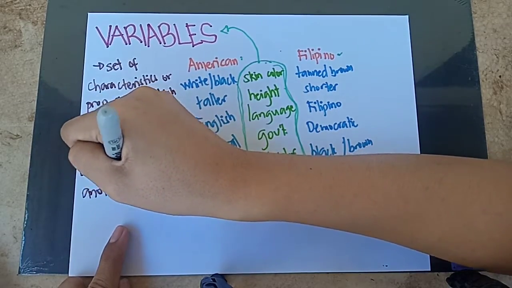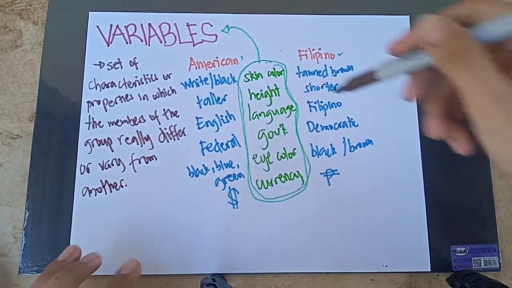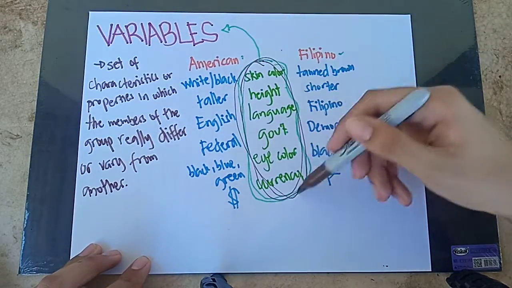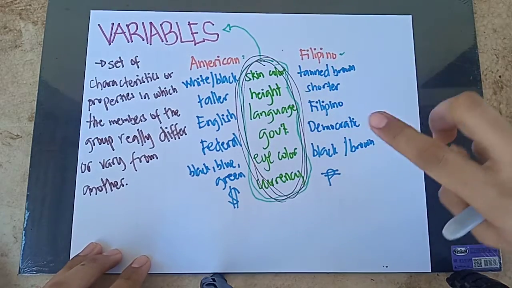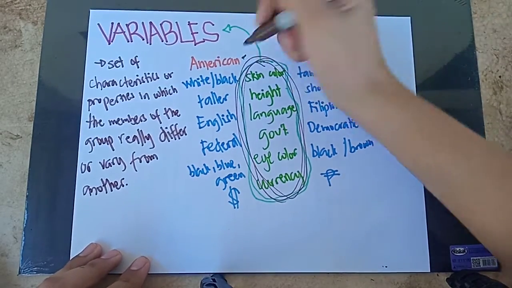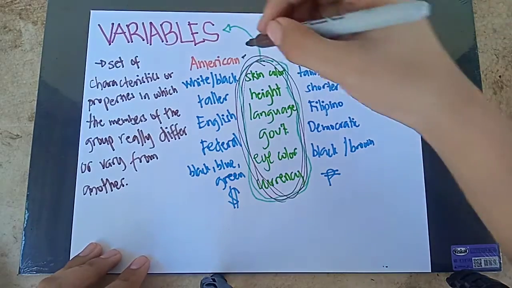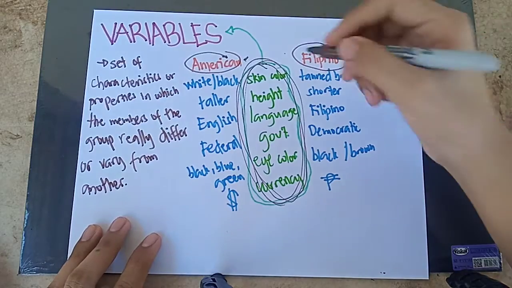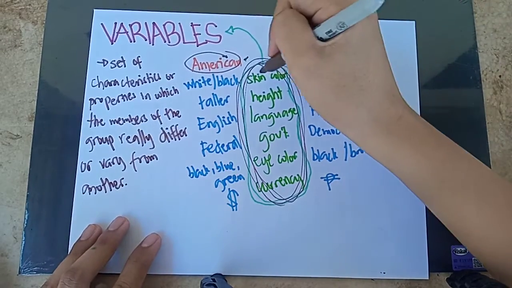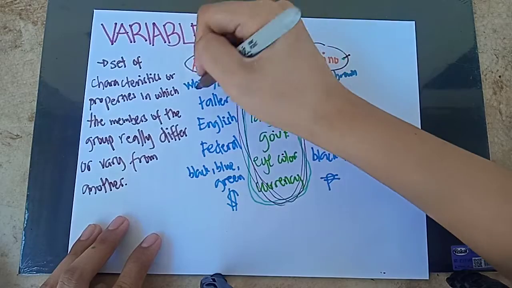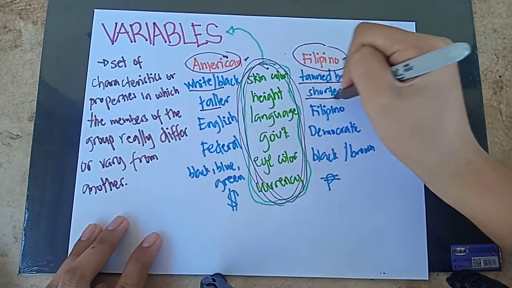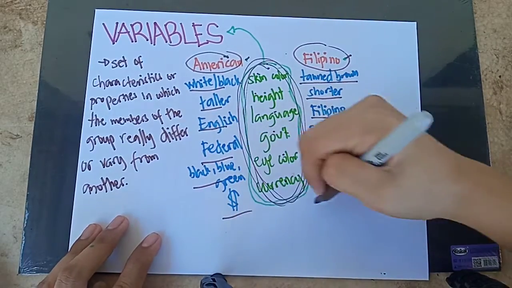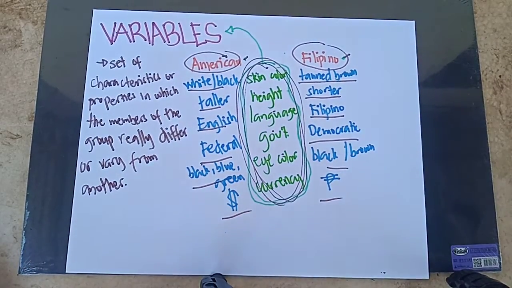Okay? So meaning to say, in our example, this set of characteristics, which are actually the variables, differentiate two groups. Two members of the groups, which are Americans and Filipinos. And can we say that they really vary from one another? Obviously, yes. Because by looking at the characteristics, we listed down several differences.